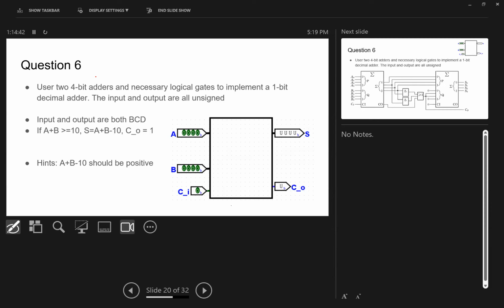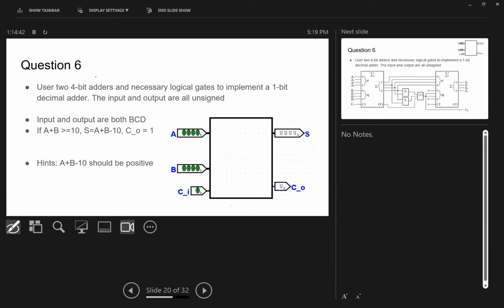And that's the case. Actually, the operation of this addition, the minus 10, will be controlled by the S here. And you can just get the final result. Is it clear?